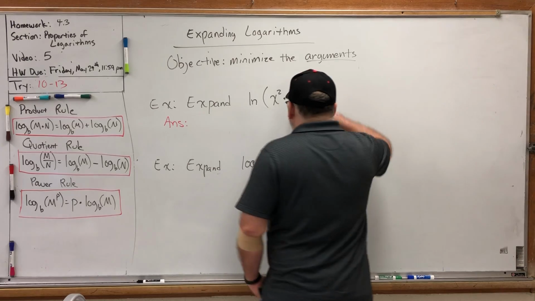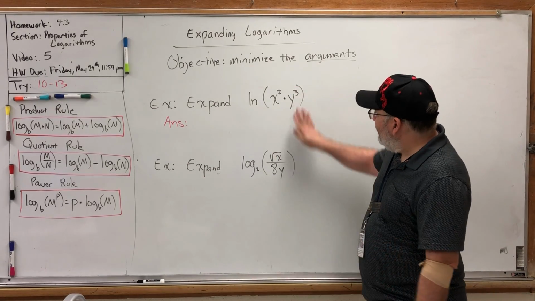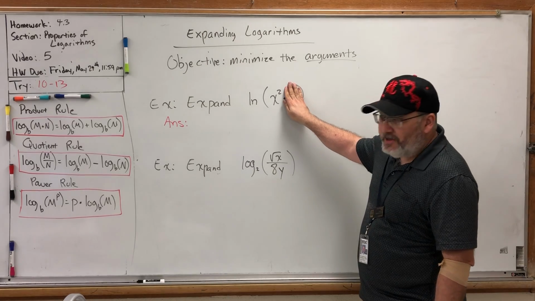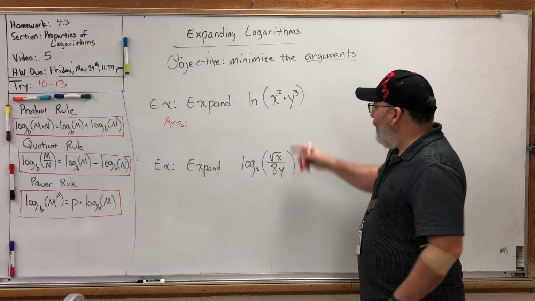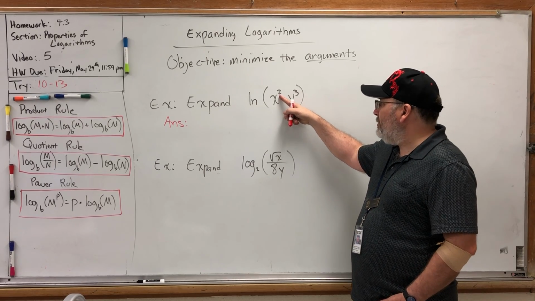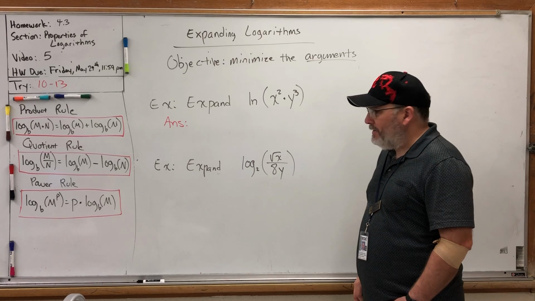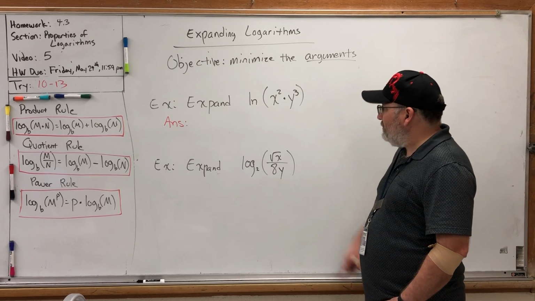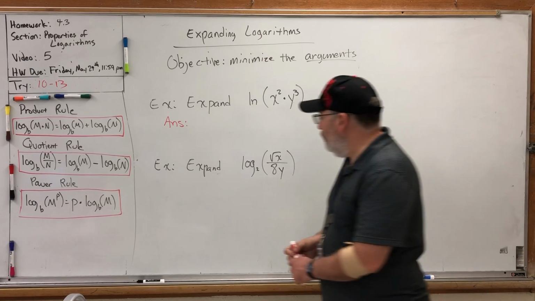Who has the second power over here? Just the x. Now, if it were just x squared in there, yes, we could use the power rule and it would be over that quick. But the power here does not belong to the entire argument, neither the 2 nor the 3, and therefore the power rule does not apply yet. However, this is a product, something times something, and hence we can use the product rule.